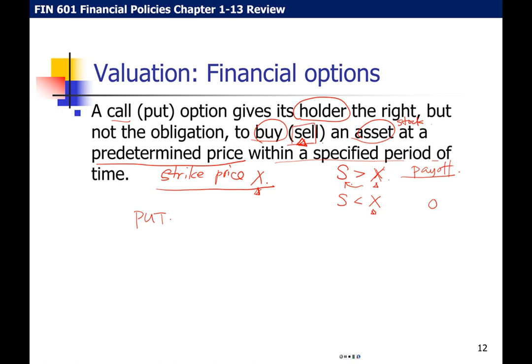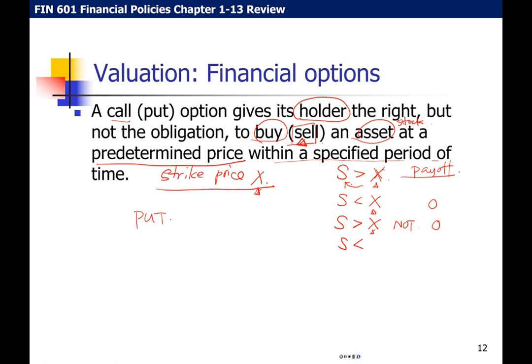Now, when the market price is higher than strike, what do you want to do? I'm selling, right? Would I want to sell at a strike price that is lower than market? No. Why would I sell at a lower price when I can sell in the market? So I am not going to exercise, and my payoff is 0.